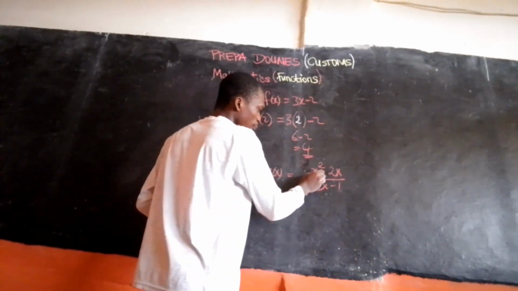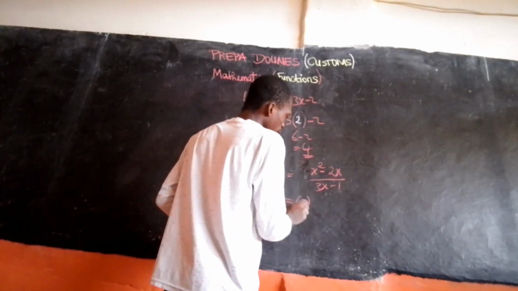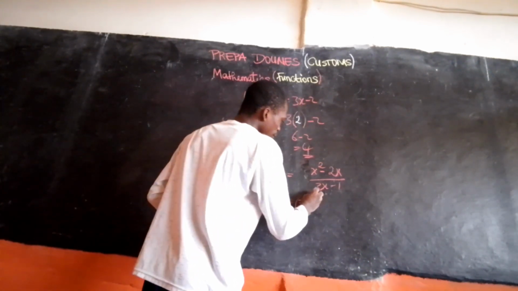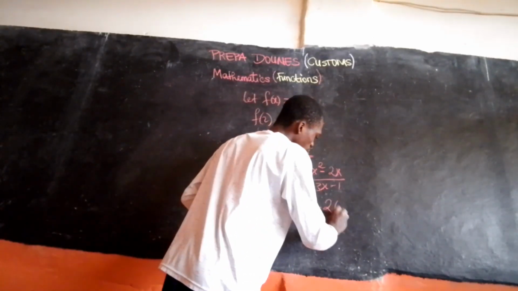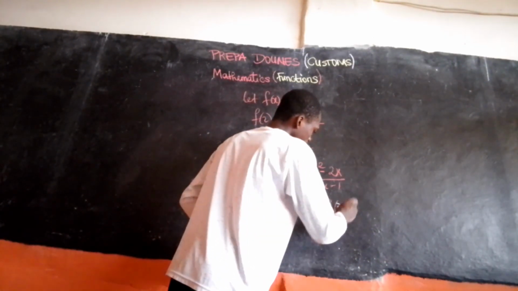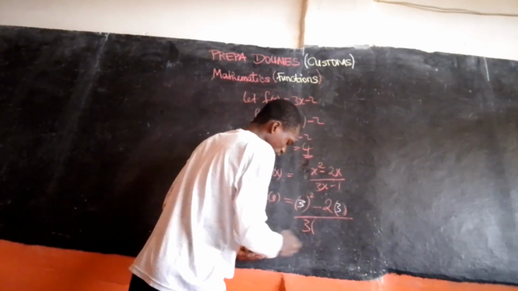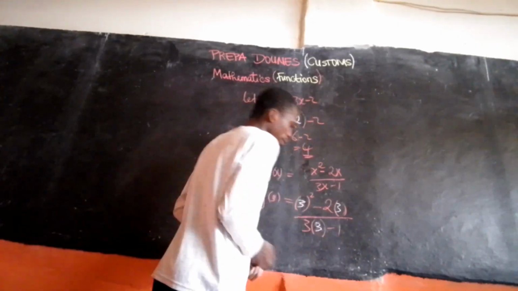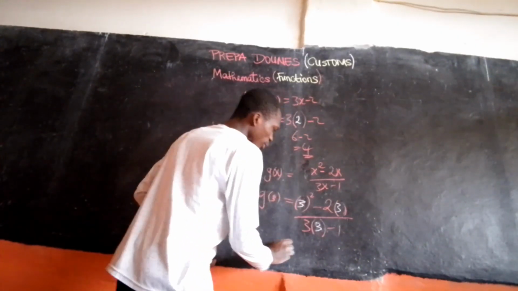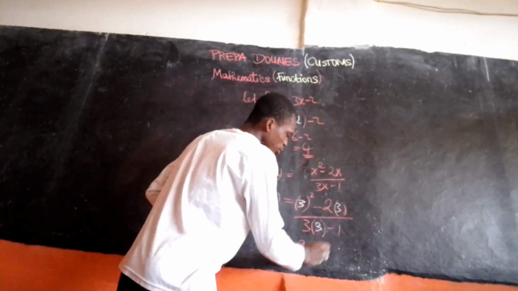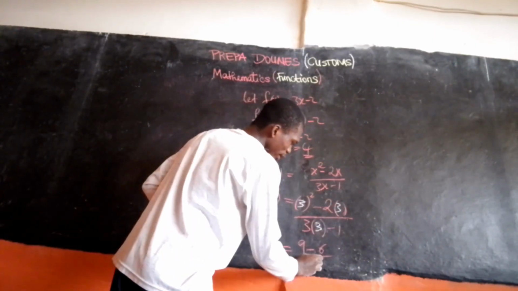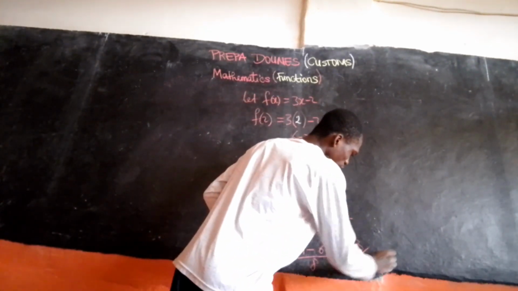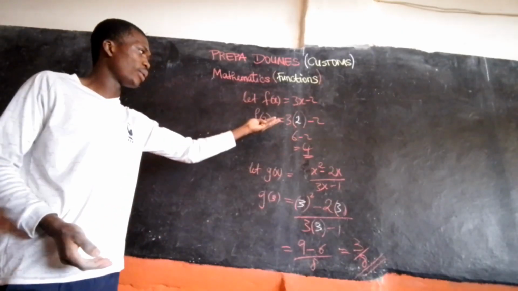G of 3 will be equal to, I put 3 in the place of x. 3 squared minus 2 times 3, over 3 times 3 minus 1. Now 3 squared is 3 times 3, which is 9. Minus 2 times 3 is 6. 3 times 3 is 9 minus 1, 8. 9 minus 6 is 3, over 8. This is your answer.